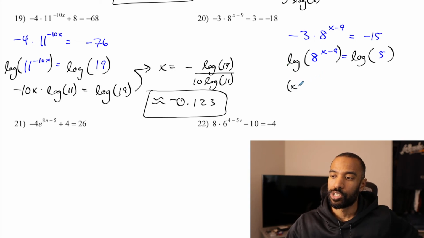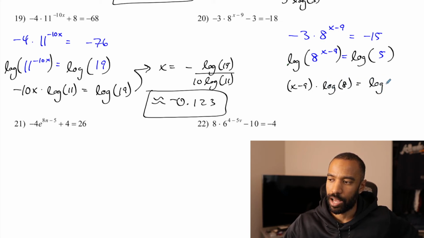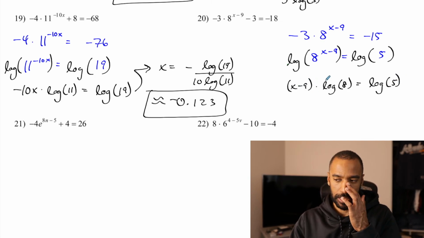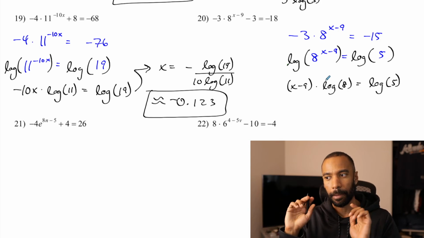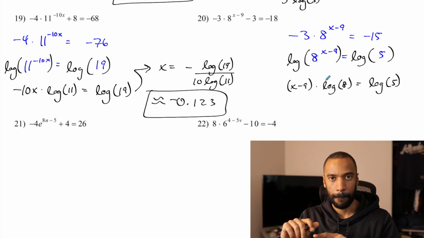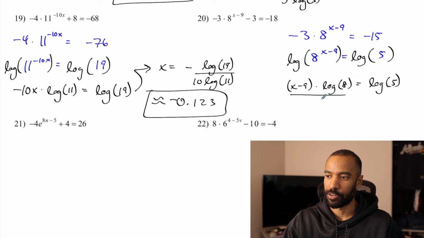Here's something important to mention. X minus 9 times log of 8 equals log of 5. Notice the x minus 9 is wrapped in parentheses, and I want to make sure I'm still treating it that way. I'm going to divide both sides by log of 8 first.